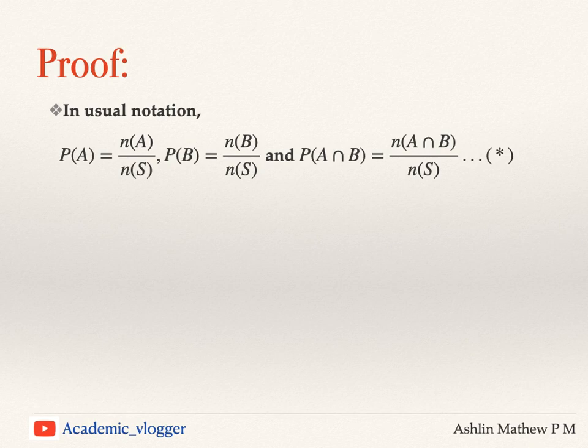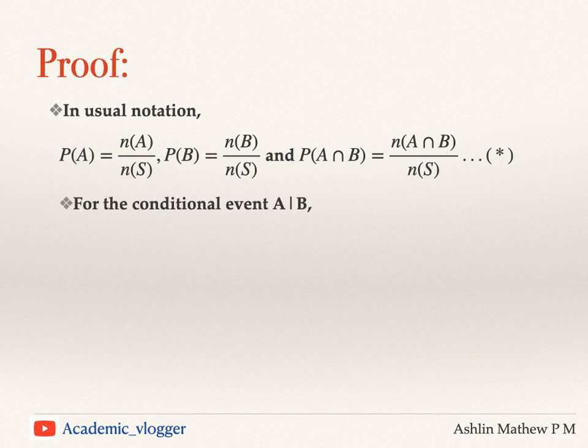That is, the probability of A is written as n of A divided by n of S, and probability of B is equal to n of B divided by n of S, where n of A is the number of possible outcomes of event A, n of B is the number of possible outcomes of event B, and all the possible outcomes in the sample space is given as n of S. And similarly, probability of A intersection B can be written as n of A intersection B divided by n of S. We denote this equation as star, the asterisk symbol.